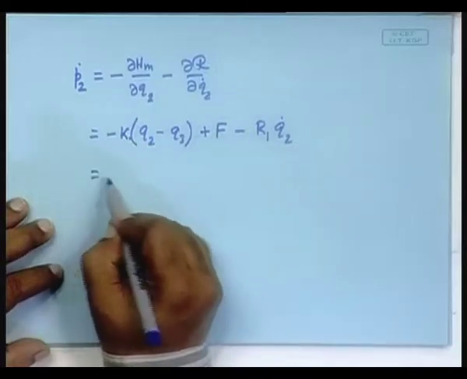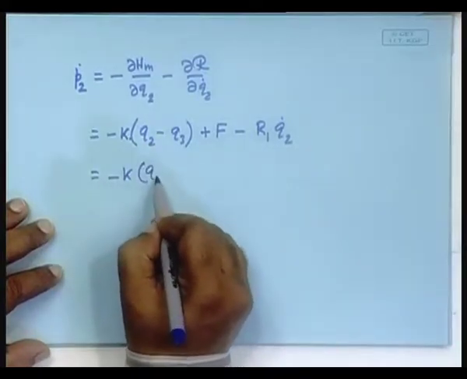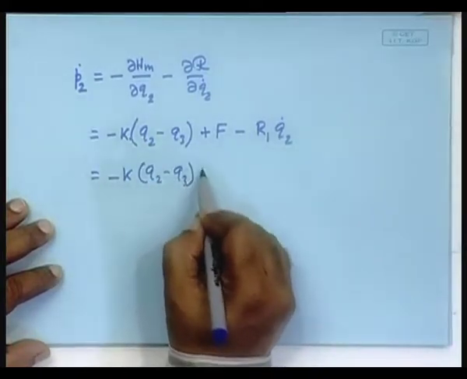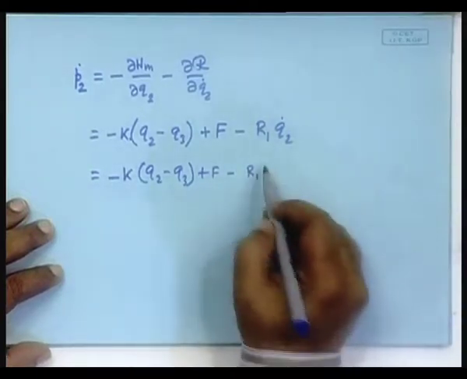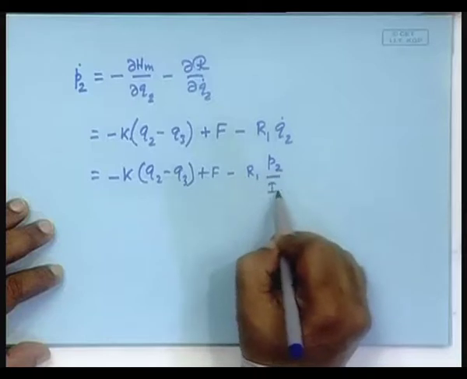So, we will write minus k (Q2 minus Q3) plus F minus R1 Q2 dot, where Q2 dot is P2 by I1, done.